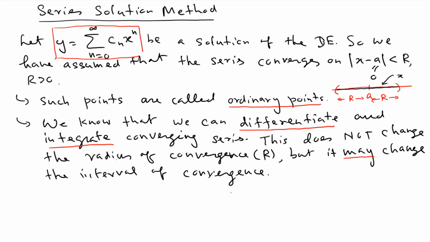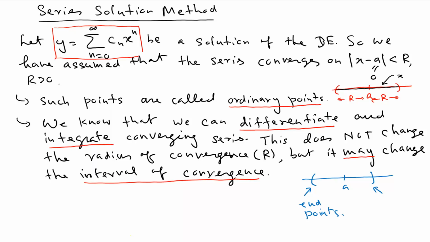There can be issues with the endpoints, so it may change the endpoints. That depends on the problem, so every time we check those endpoints to see whether the series converges at that particular point.